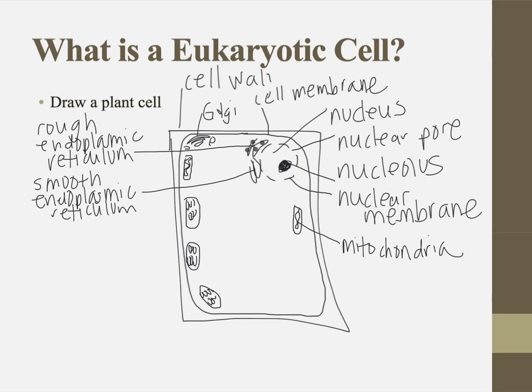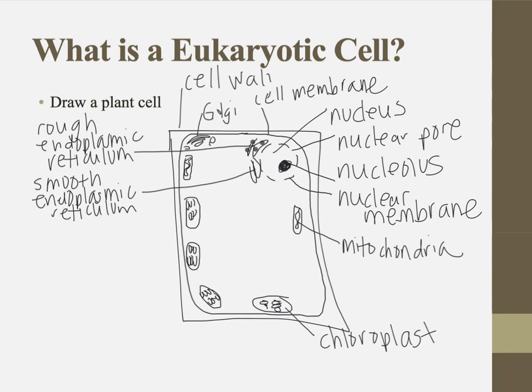Okay, so those are stacks of discs on the inside of these jelly bean things. And those are the chloroplasts. So this whole structure here is a chloroplast. We're going to draw that in more detail later.